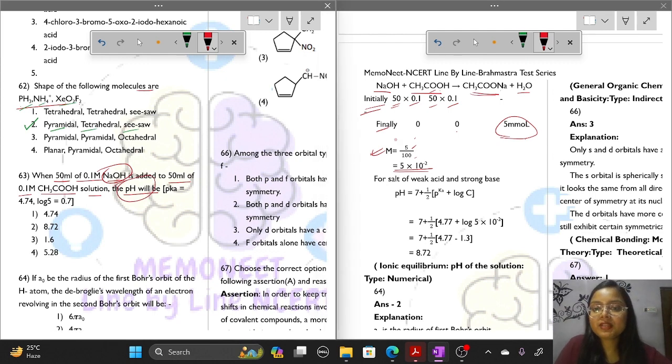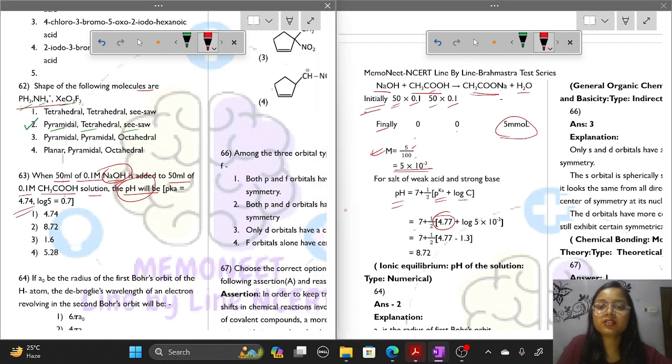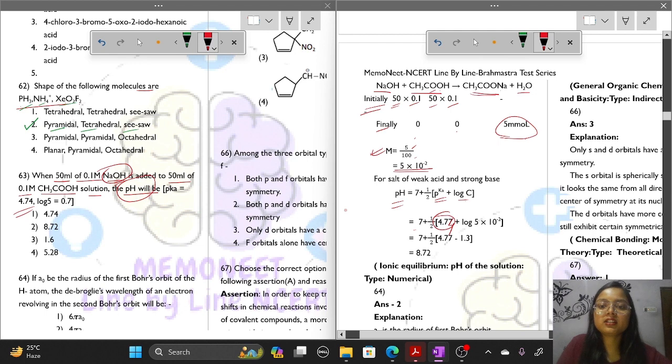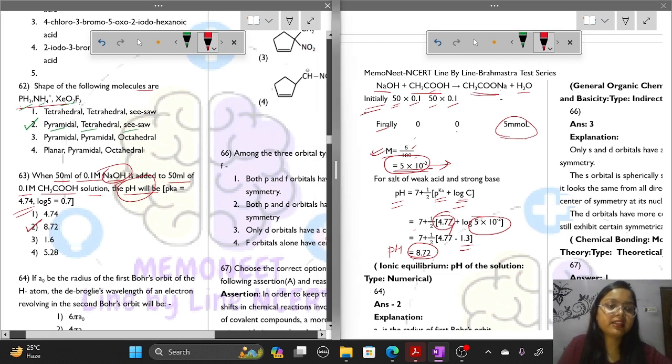For pH we can use this formula: pH equals 7 plus half pKa plus log C. Here pKa is given as 4.74, and C is the concentration, which is the molarity, 5 into 10 to the power minus 2. On solving this we get 1.3. So the pH is going to be 8.72, which is option number 2, right?